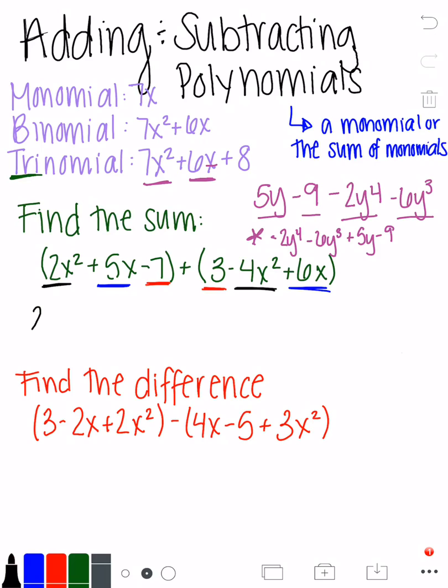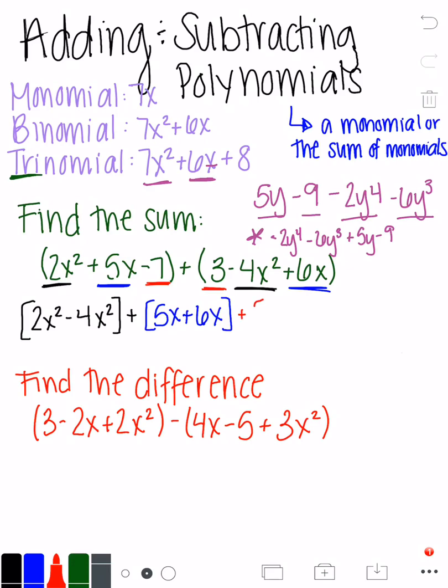We have 2x squared minus 4x squared. Plus, we're going to look at our x's. So we have 5x plus 6x, plus negative 7 plus 3.